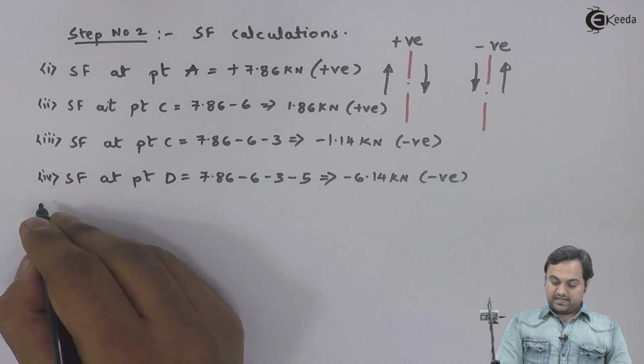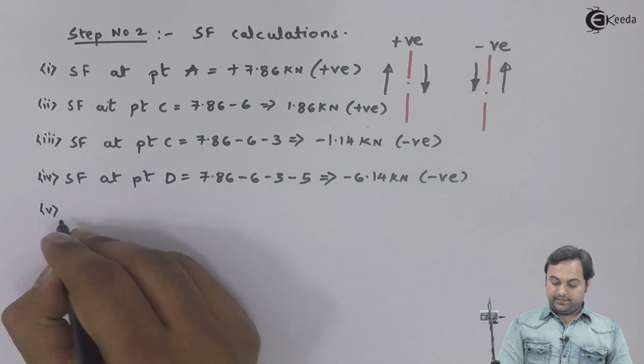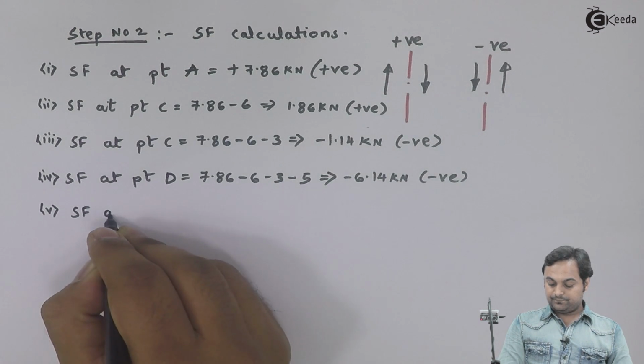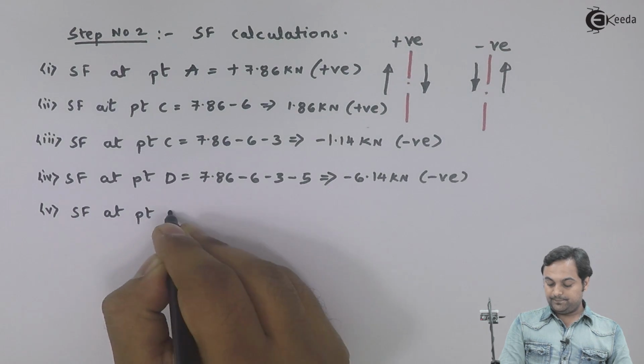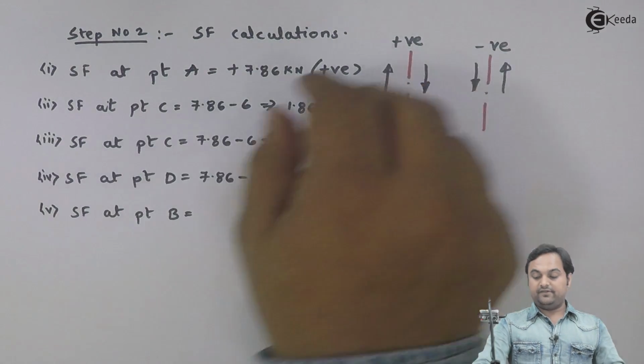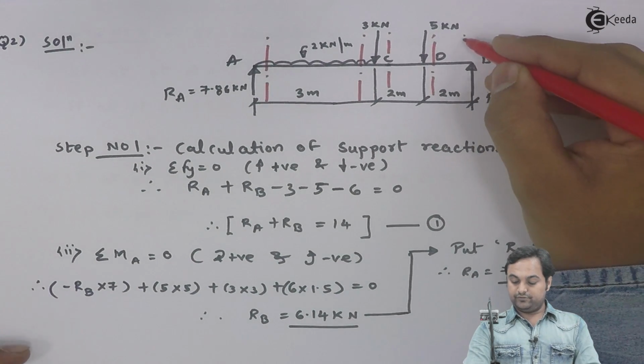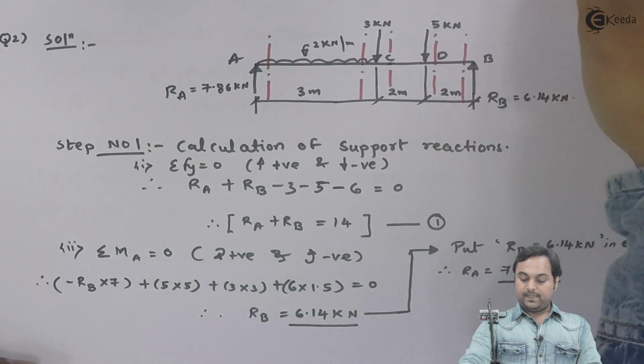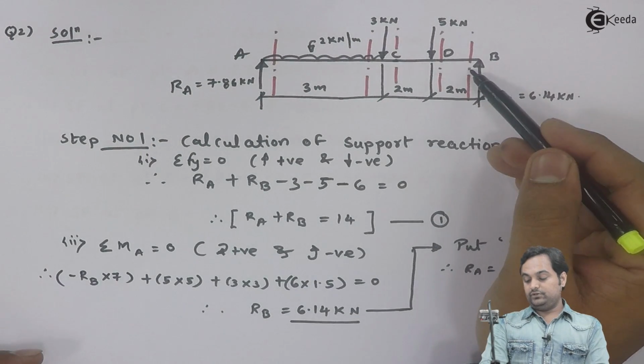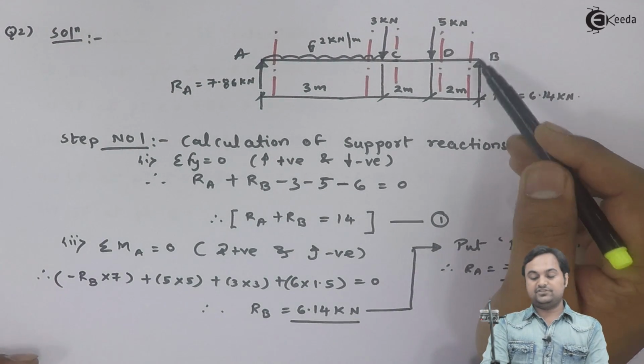After this I am left with just point B, so SF at point B, for that I will be taking the section just to the left of B, and to the right of this section I have RB which is upward.